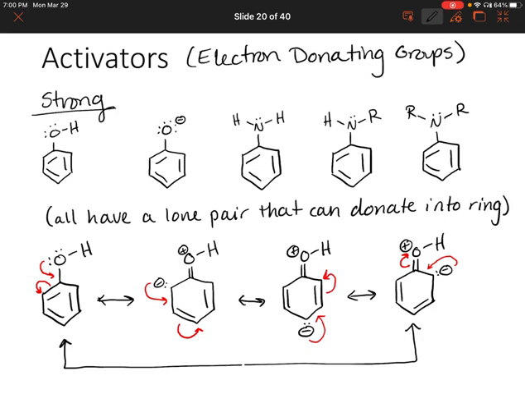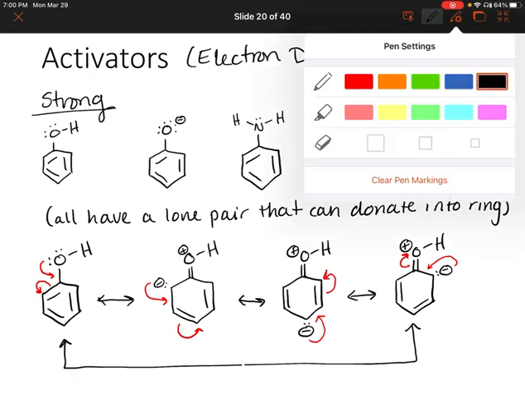So as you can see, we're adding electrons into the ring, and we're activating that ring. So this is going to create our nucleophile that can then grab onto some other group. Okay, so this becomes more nucleophilic.